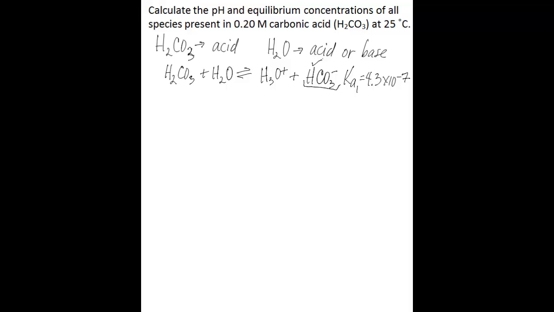The other possible proton transfer reaction is where a water molecule transfers a proton to another water molecule to give a hydronium ion and a hydroxide ion, and this reaction has an equilibrium constant of 1.0 times 10 to the negative 14.